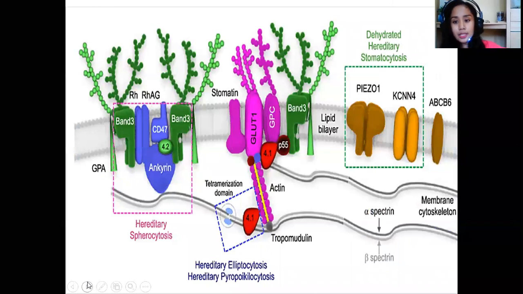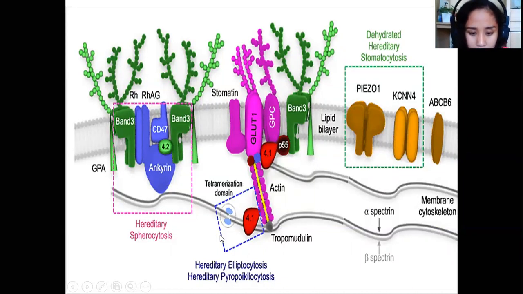So this is almost the same image, na mas low quality. I just want to emphasize na ganito pala yon. Ito, example. Ito tayo sa may gilid. Hereditary spherocytosis. So notice that in hereditary spherocytosis, there's something wrong with band 3, ankyrin, spectrin, yung mga binalugan niya.